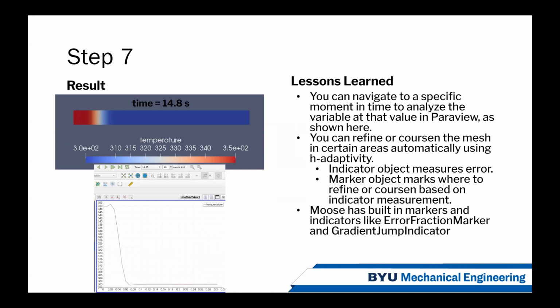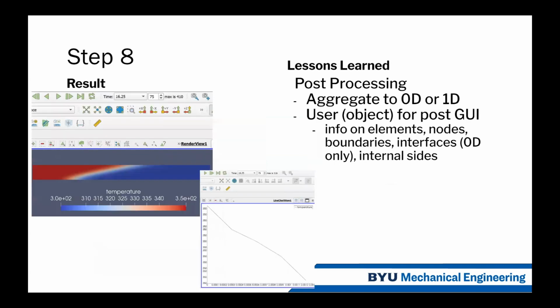Those both go in the input file and can help you refine or coarsen the mesh. And MOOSE also has built-in markers and indicators, such as error fraction marker and gradient jump indicator, to make it a little easier to use markers and indicators to refine the mesh.